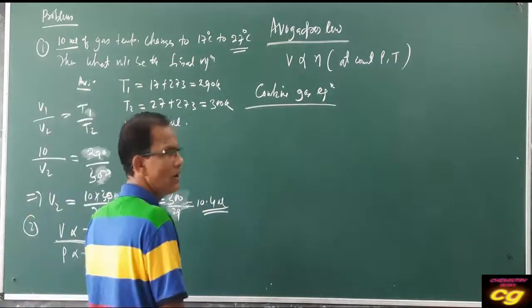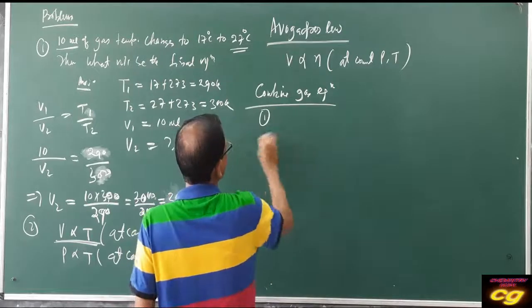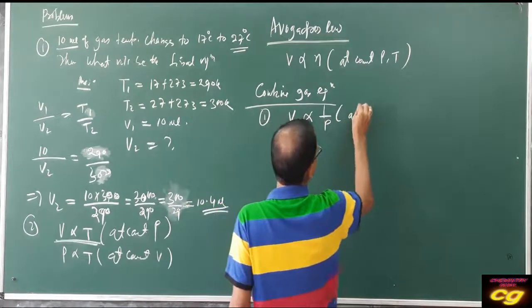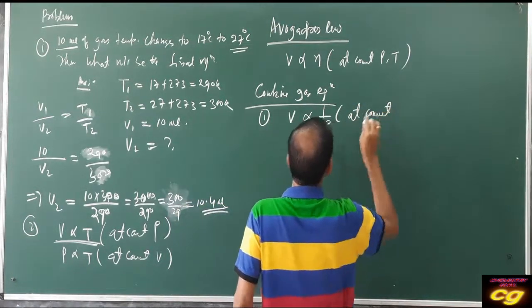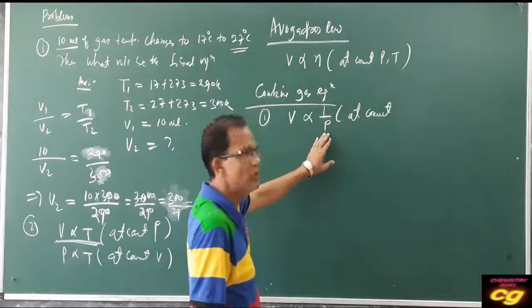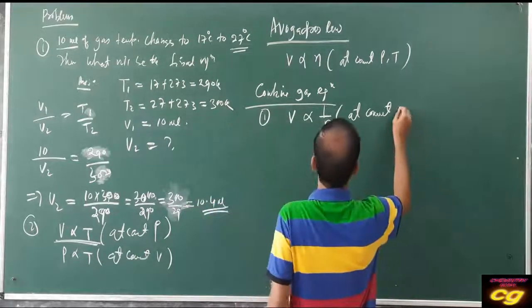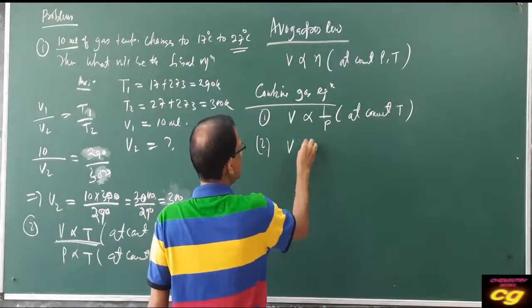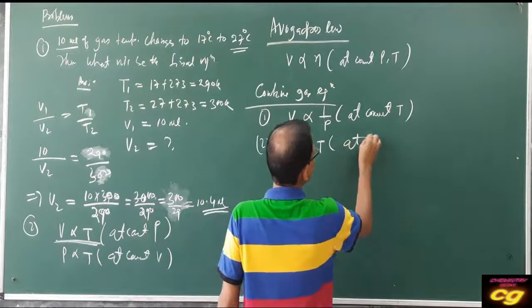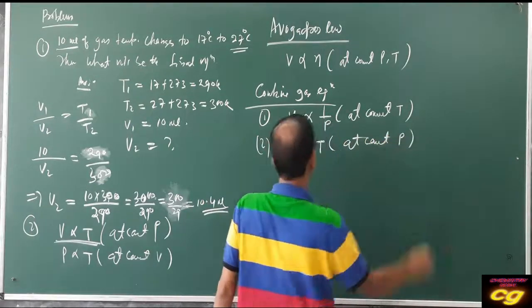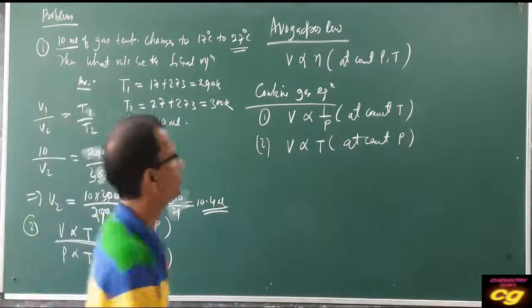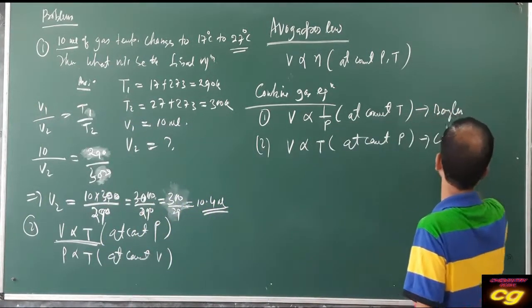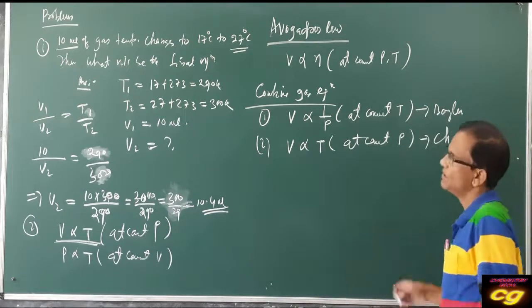It comes from combining Boyle's law, V inversely proportional to P at constant T, and Charles's law, V proportional to T at constant P.